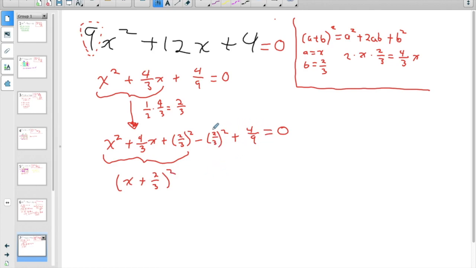Now, we do need to combine these into one thing, so let's look at what happens. If I square 2/3, I get 4/9.